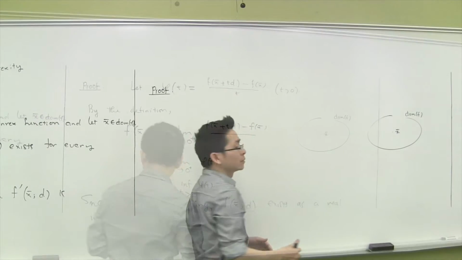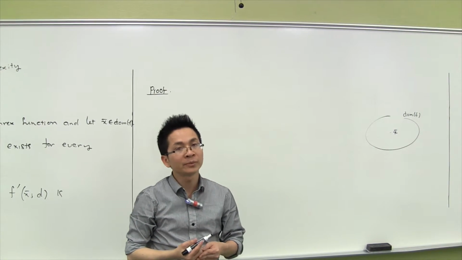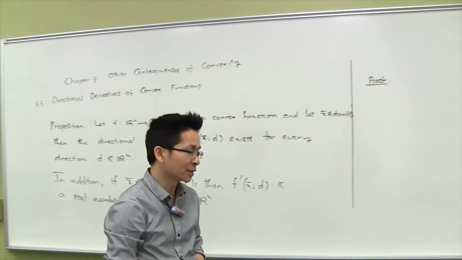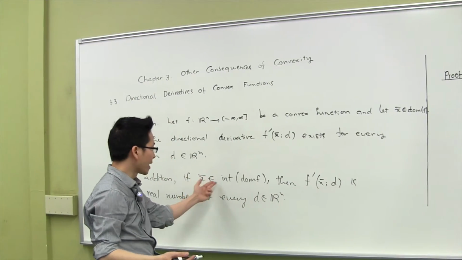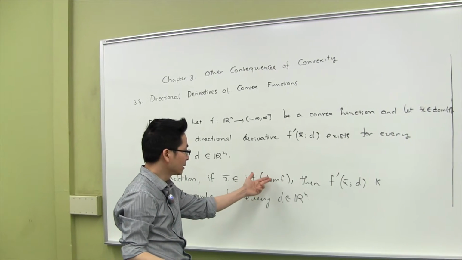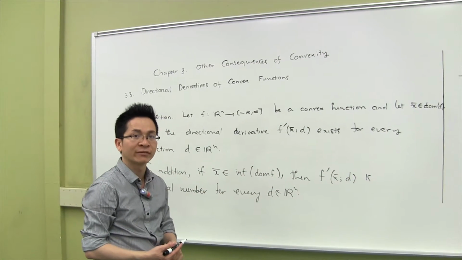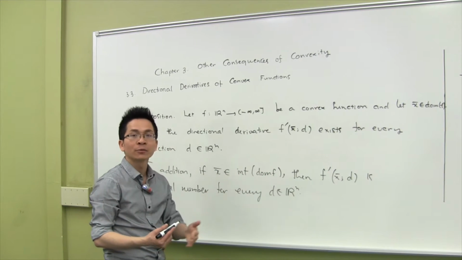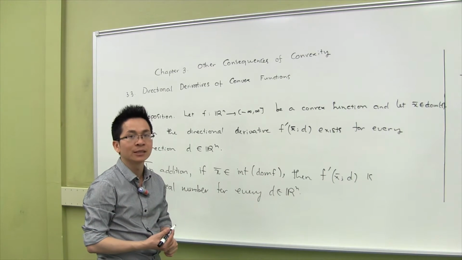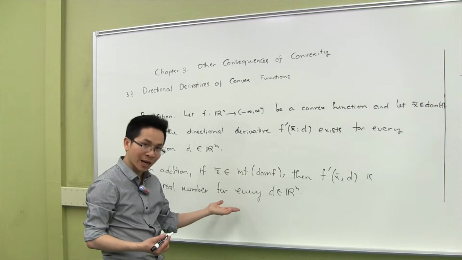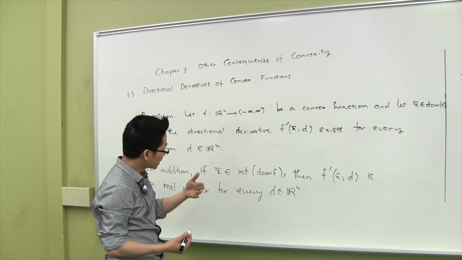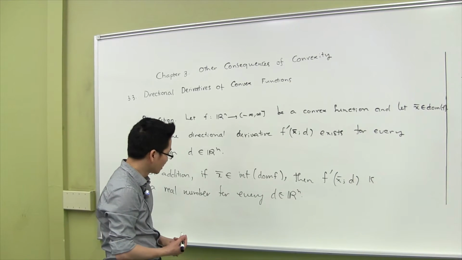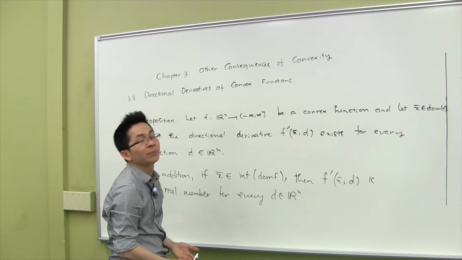Okay. Before, we proved a very important property of a convex function. That is, if x bar is in the interior of the domain of a convex function f, then f is always locally Lipschitz continuous around x bar. Okay, and we're gonna take advantage of that property in order to prove this proposition.